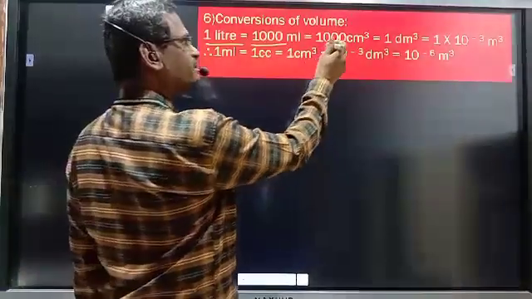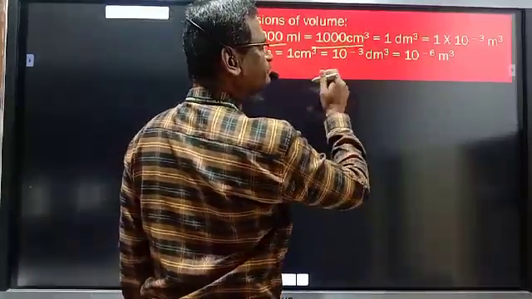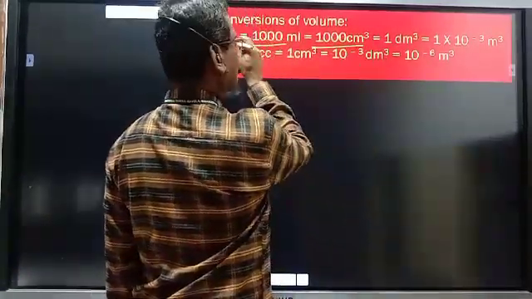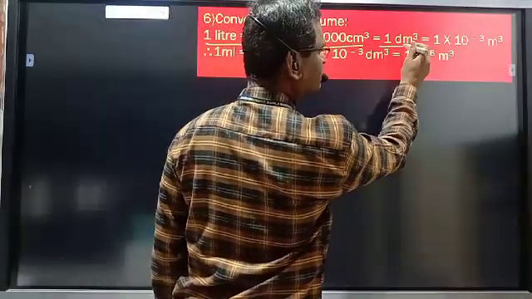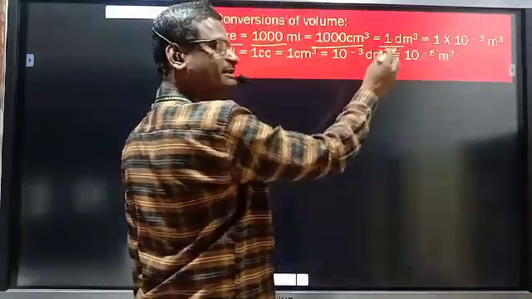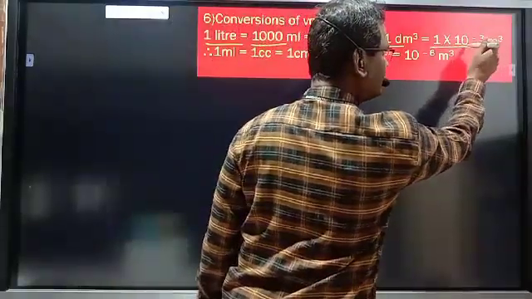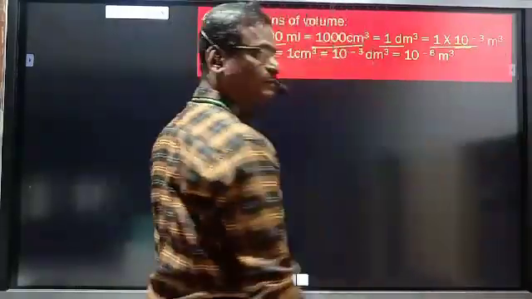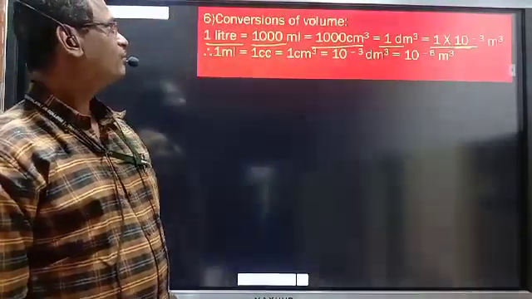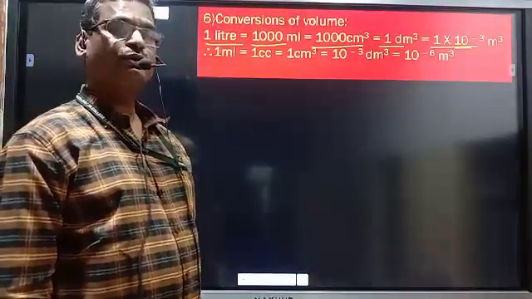Milliliter is nothing but centimeter cube, and 1 liter is also known as 1 decimeter cube. To convert decimeter cube into meter cube, this is multiplied by 10 raised to minus 3. 10 raised to minus 3 is the multiplying factor for converting liter to meter cube.